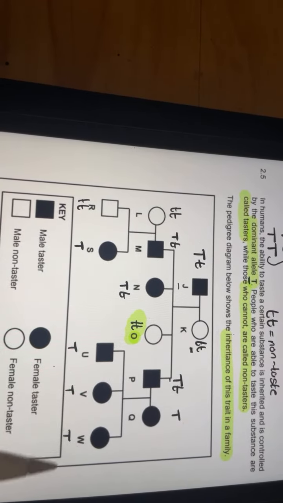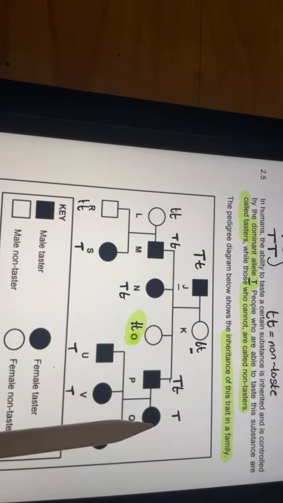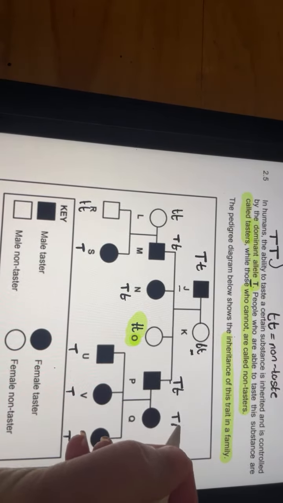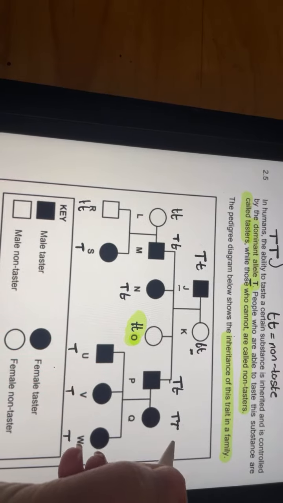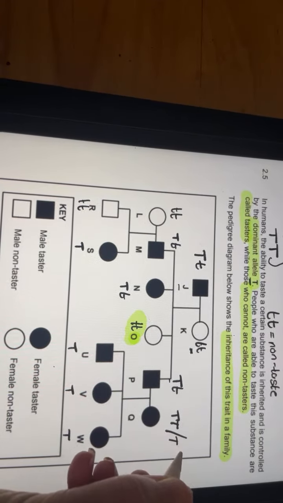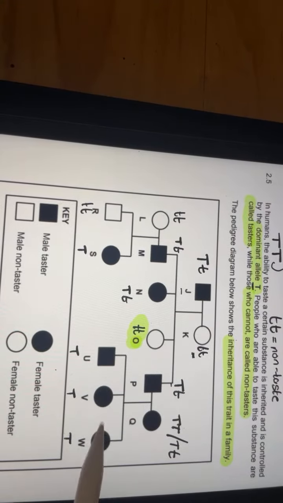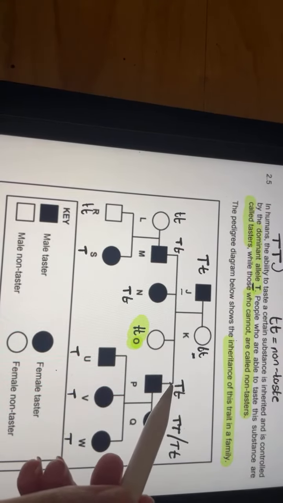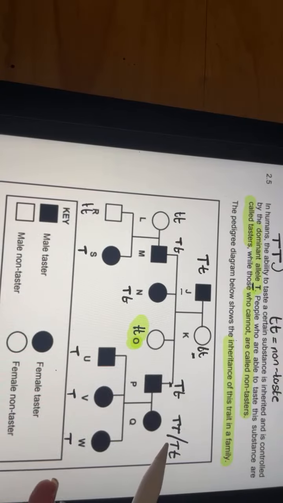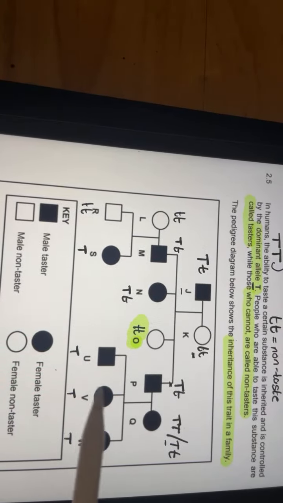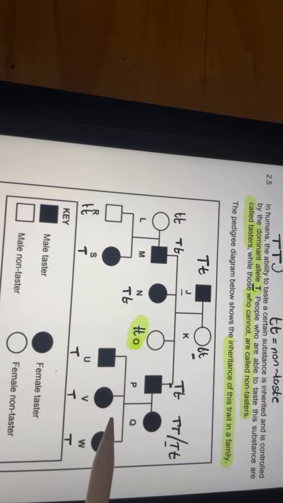We don't actually 100% know whether mom, who is Q, is TT, two big capital T's, or is she capital T and small t? And the reason for that is each one of these children could have inherited this capital letter from dad and then this capital letter from mom. They don't have to inherit the recessives. And before you say, but man, there's no recessives here, remember, there doesn't have to be recessives.